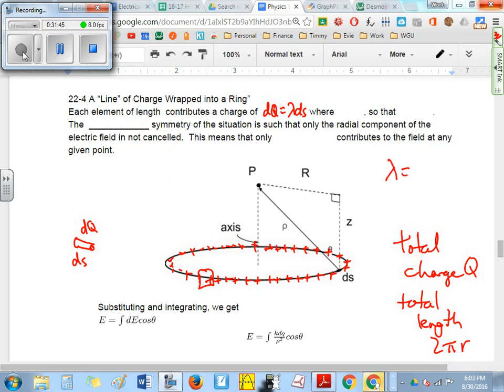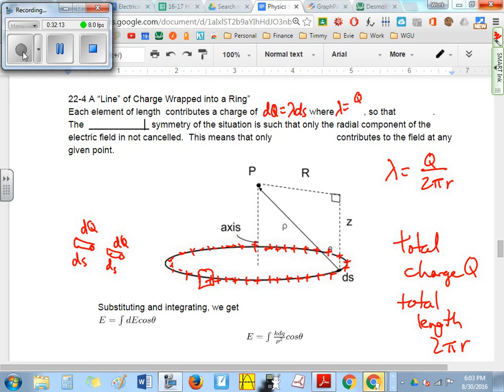So technically, as long as everything is uniformly distributed, one little sliver and the next little sliver should have the same amount of dq. So if you pick an identical ds somewhere, you should find an identical dq. Another way of saying that is that lambda is constant throughout this insulating material, or whatever it is. Okay, so lambda should be total charge over total length, if that makes sense.